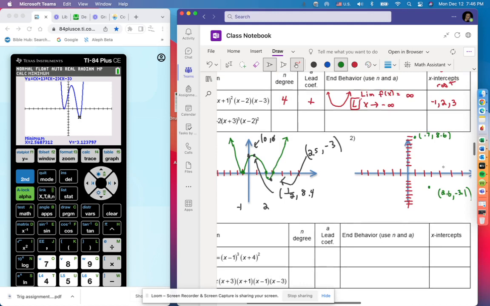Okay. And now literally just draw what you have over here. Connect your dots. Oh, I almost forgot my y-intercept. So I need to go up 1, 2, 3, 4, 5, 6 right here. Now you have a very accurate graph. So I'm going to still have the same x-intercepts or solutions.